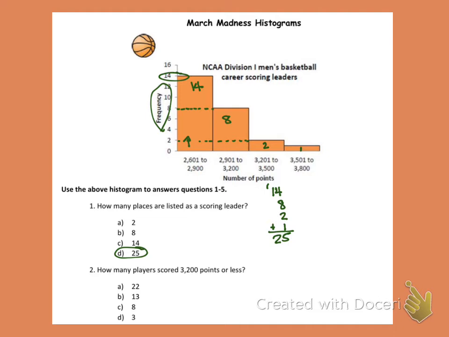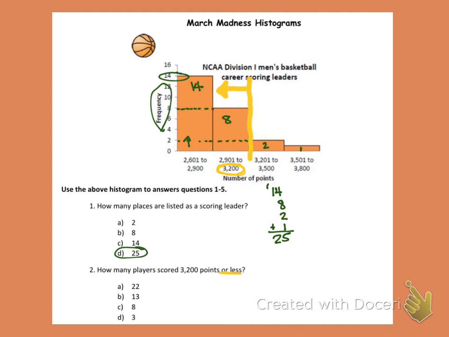Number 2 now says, how many players scored 32 points or less? So we need to find 3,200. Sorry, I said 32, 3,200. It's 'or less,' so we're looking at from this point here, for 3,200 or less.